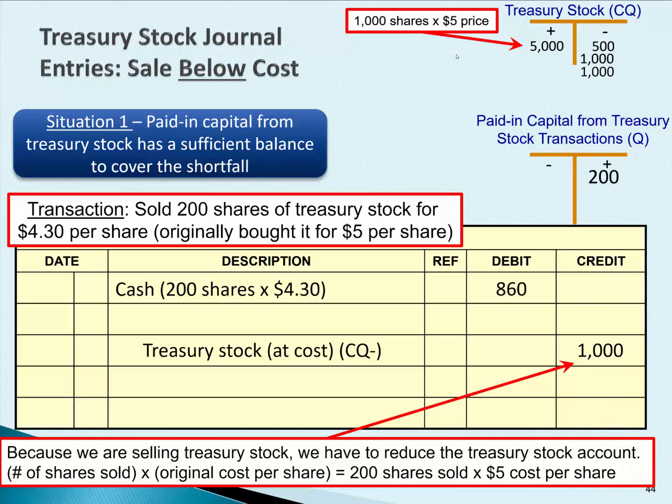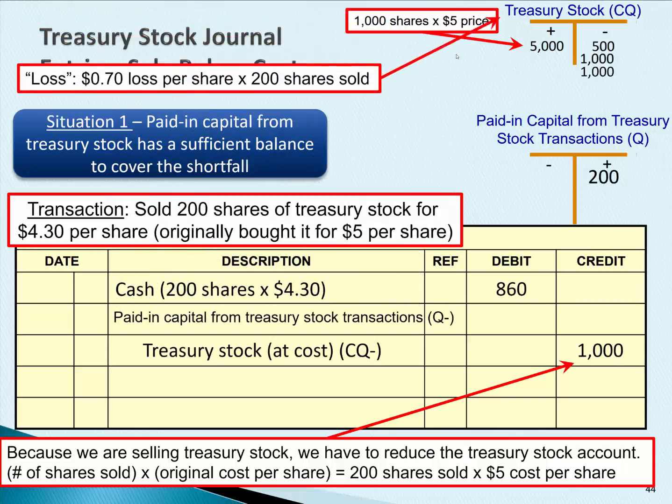Now, as you can see, the transaction doesn't balance. So the balancing amount will have to come out of paid-in capital from Treasury stock transactions. We just have to remember the paid-in capital from Treasury stock transactions account is not allowed to go below zero.